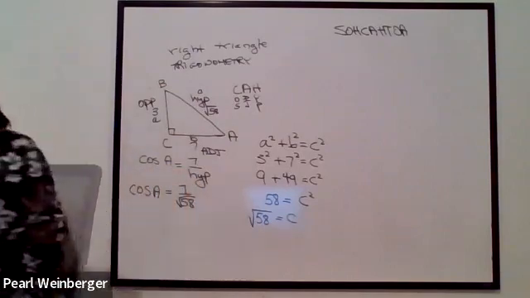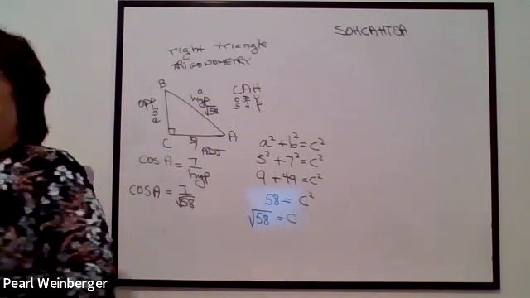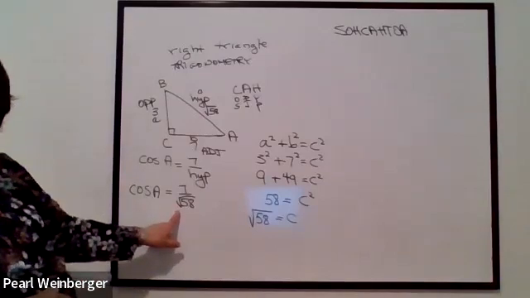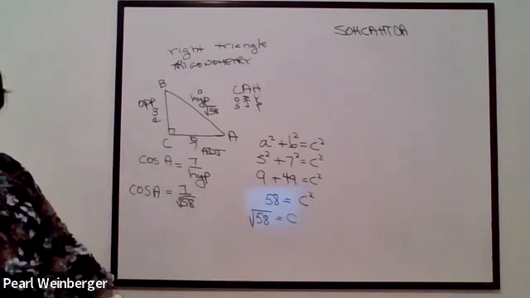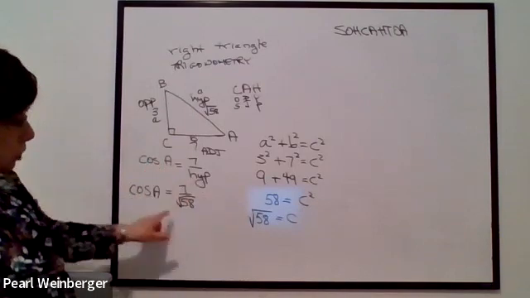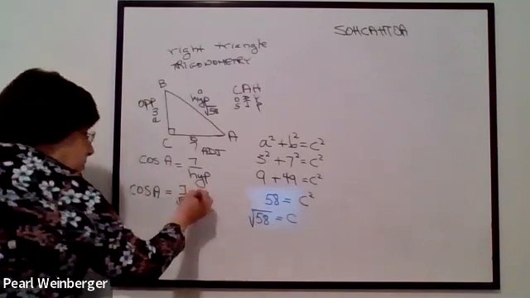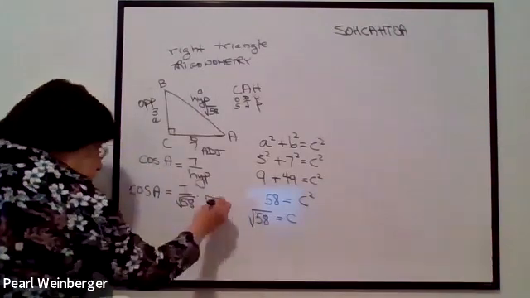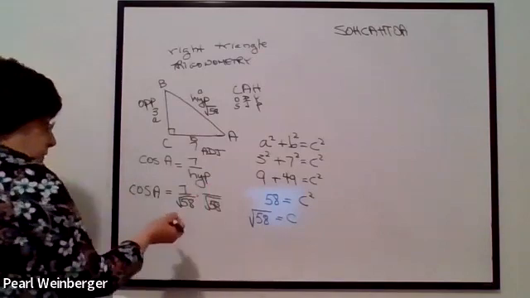And that would be the correct answer, but they said they want a rational denominator. A rational denominator means not a square root in the denominator, but we know how to take care of that. Remember, in order to rationalize the denominator, if it's just one number, you multiply this by the square root of 58, because we know that the square root of 58 times the square root of 58 is going to give you just plain 58.